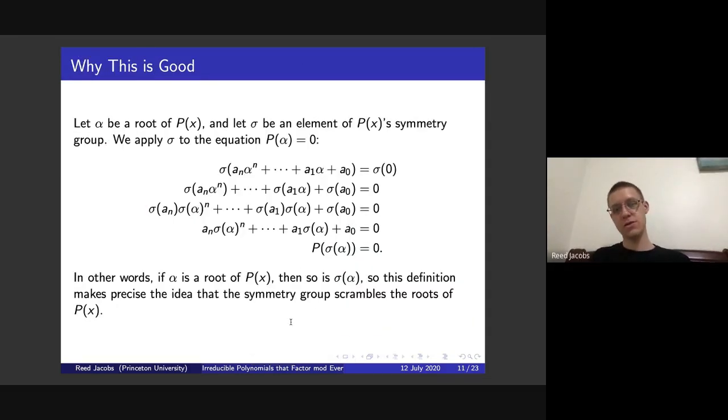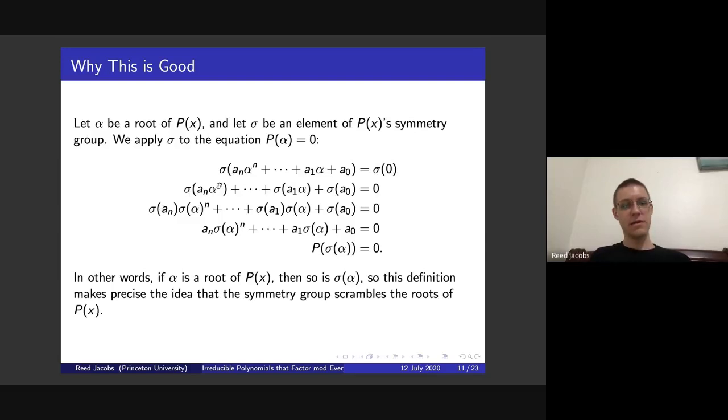And the sort of manipulation I did to prove that might remind you of functional equation problems, if you ever worked on those. So now we have the second equation. We can break up the sum into sigma of a_n alpha to the n plus sigma of a_(n-1) alpha to the n minus 1, and so on, having sigma of a1 alpha and sigma of a0 equals 0.